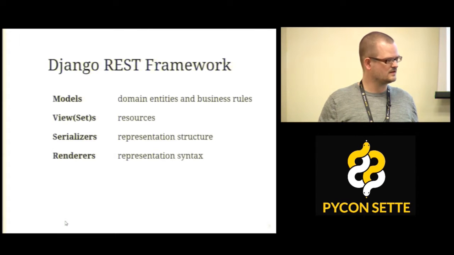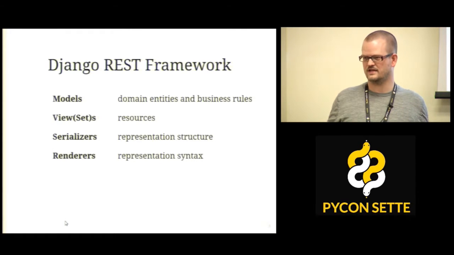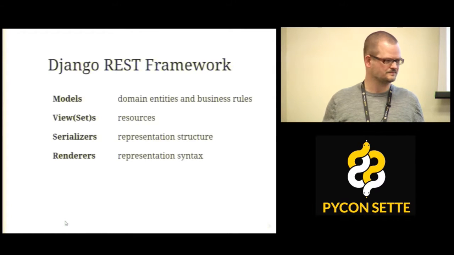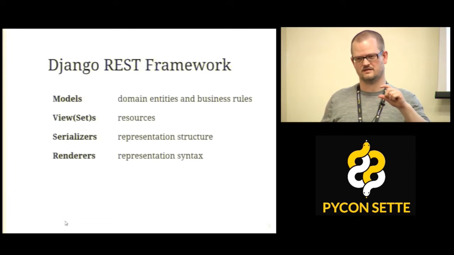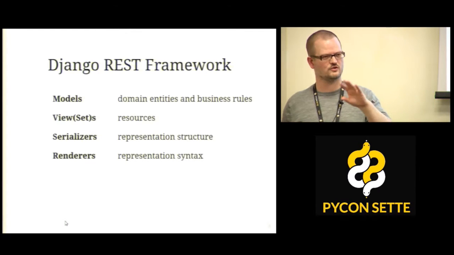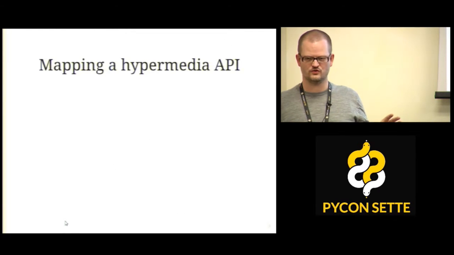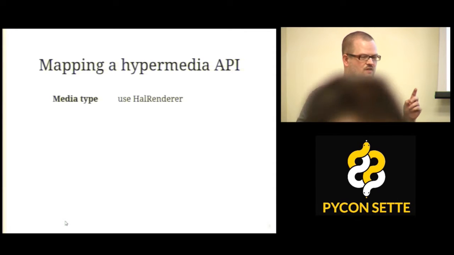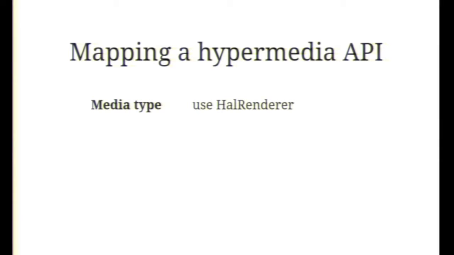And then there's the renderers, and they define what the syntax will be of the API endpoints. So that means that if you look at the terms that I just used for the Hypermedia API, you could say that for the media, how to implement the media type? Well, you use a renderer. In this case, I use a HAL renderer.